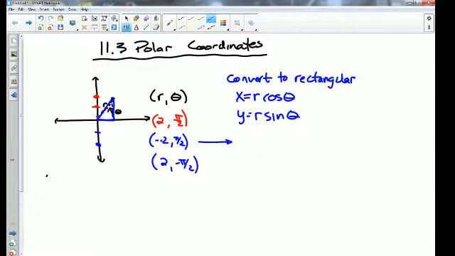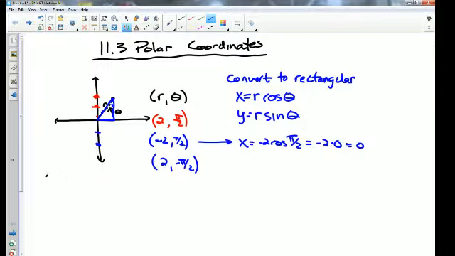Okay, how do we convert this one here to rectangulars? So what's cosine pi over 2? What's the x coordinate? 0.